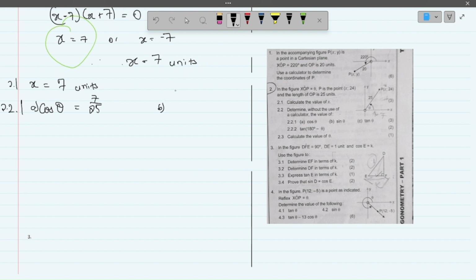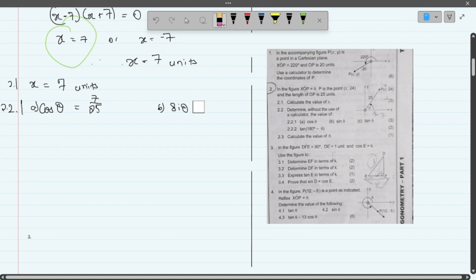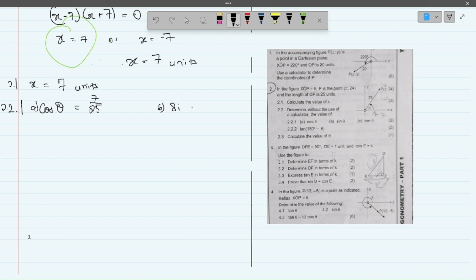Sine theta. Right. So sine theta would be what? It's gonna be opposite over hypotenuse, meaning that is gonna be 24 over 25.